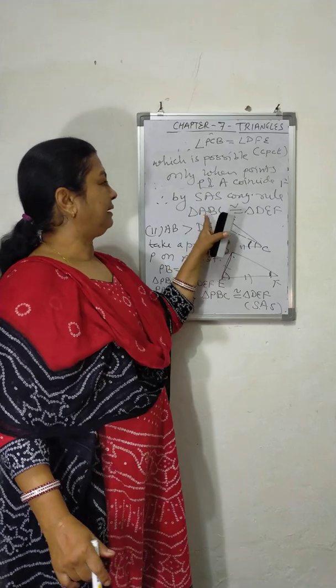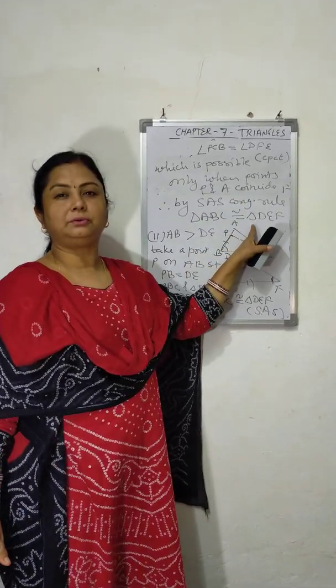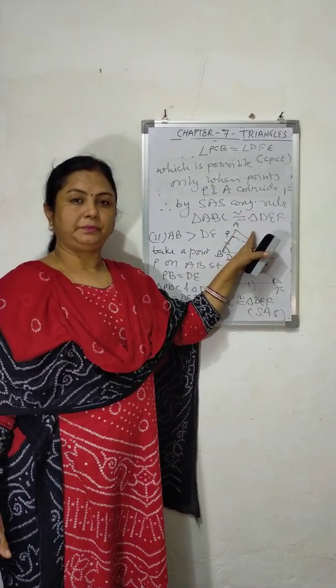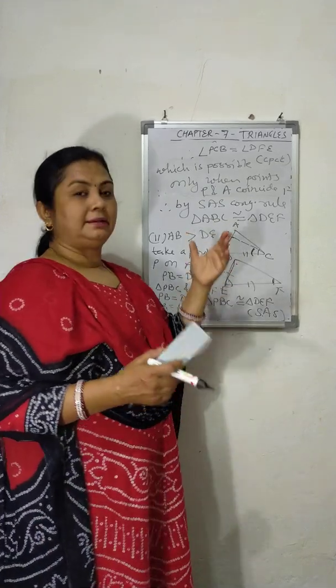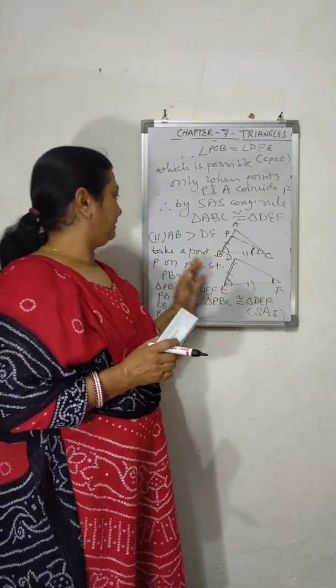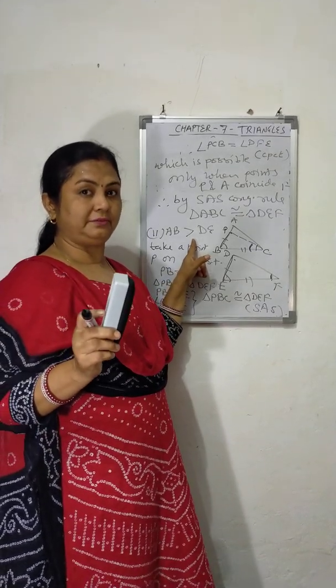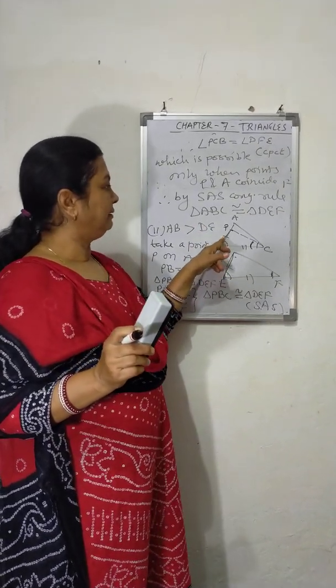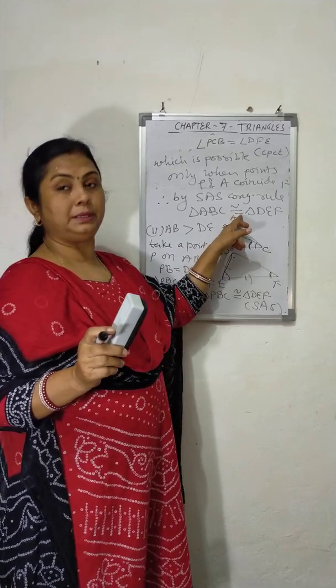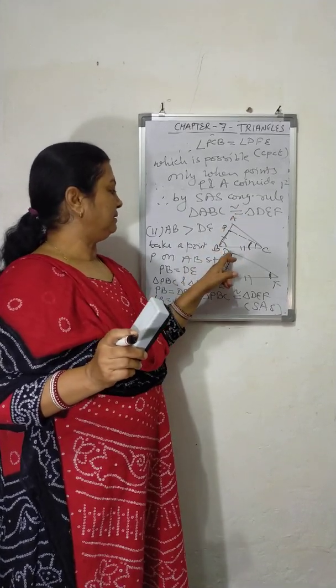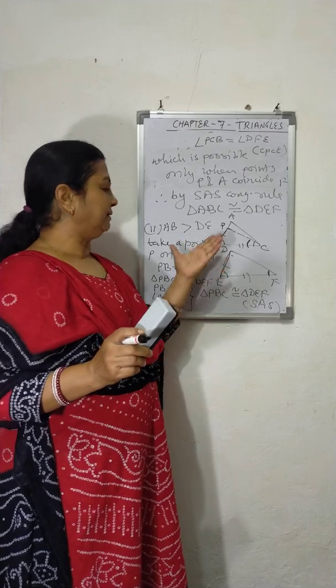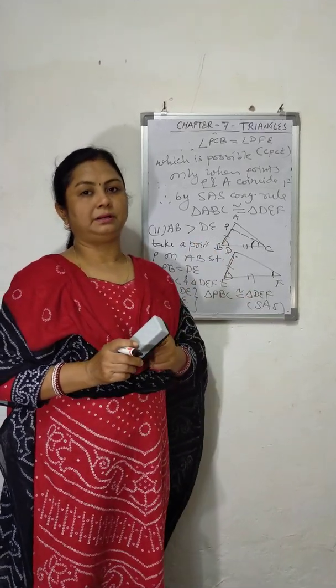It means triangle ABC is congruent to triangle DEF. As I already told you, the third condition, that is when AB is less than DE, you need to prove yourself. You can extend side BA up to P such that PB is equal to DE, and in the same way you can prove that one.